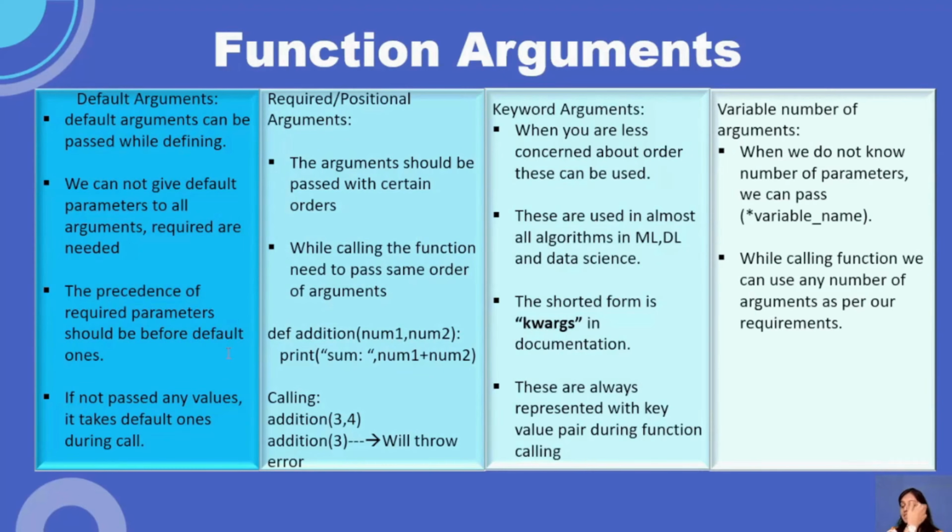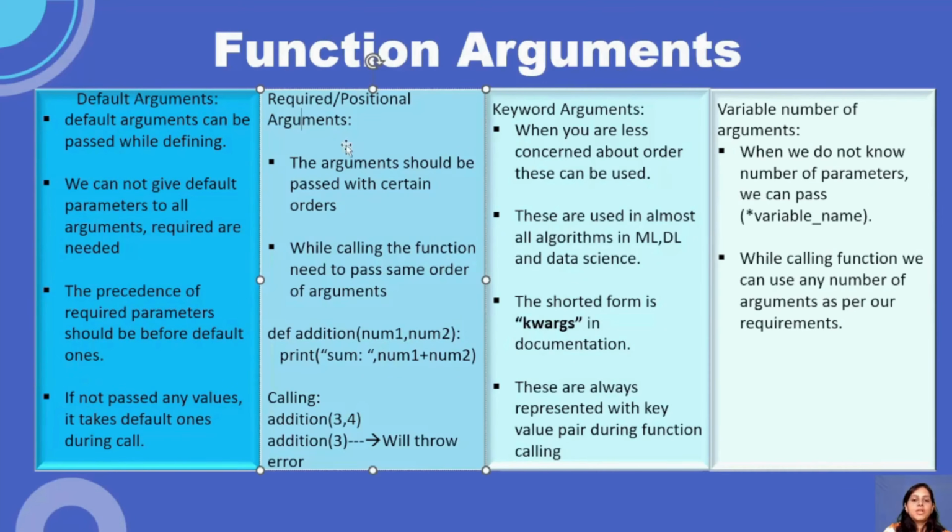In that case I passed my required arguments first, then my default argument. That is the precedence, guys. Keep this in mind when writing your own code. And while calling your function, if you have not passed any value, it will take the default argument value.